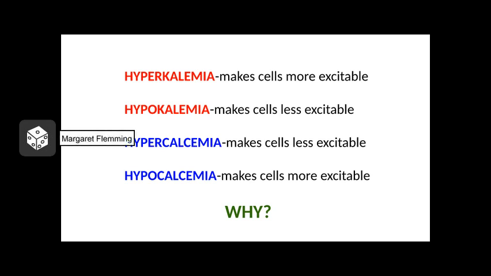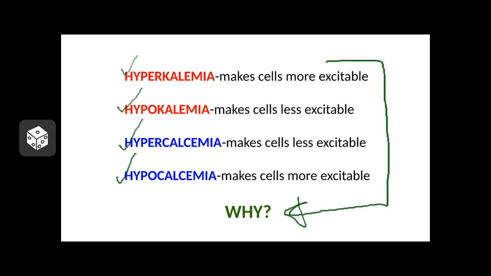As future health practitioners, you may come across ionic imbalances in patients' bodies. You may see hyperkalemia, hypokalemia, hypercalcemia, and hypocalcemia. Especially in lab, we are going to take a look at why those ionic fluctuations cause these various changes.